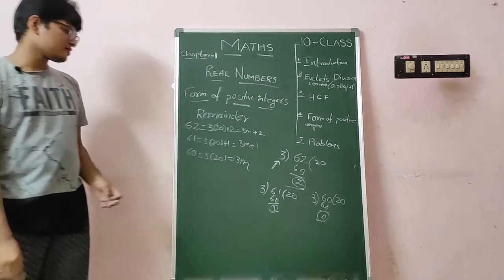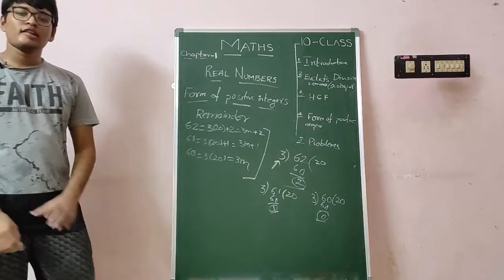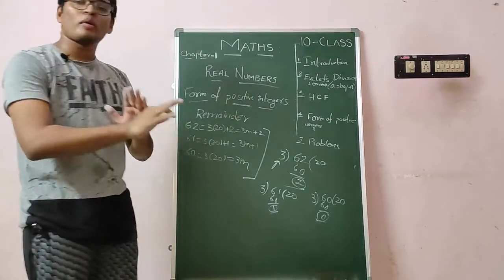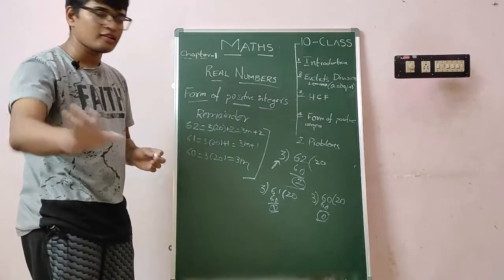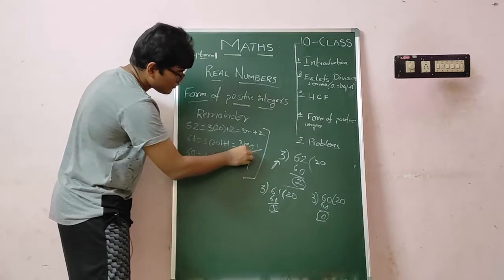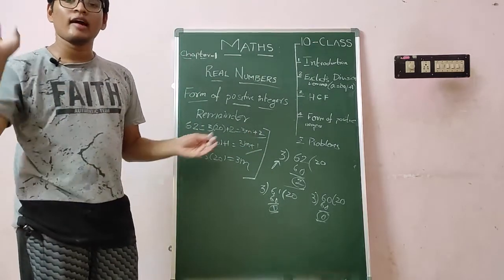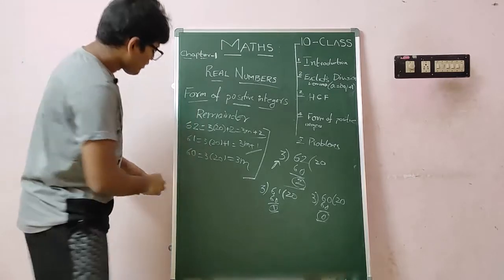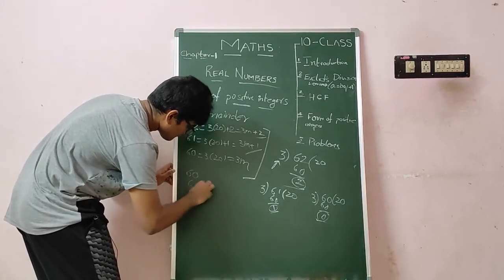Okay, students, here you can see these three things. We can say that any positive integer can be represented in the form 3m, 3m plus 1 or 3m plus 2. For example, take numbers like 60, 61 and 62.